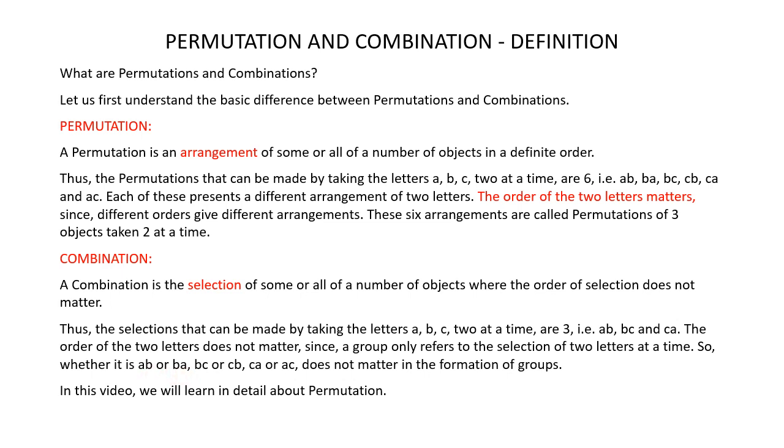Similarly, whether you select BC or CB, it is the same because you're selecting the same two letters B and C. Likewise, the arrangement CA and AC are the same because you are selecting the same two letters C and A. So in combination, the order of the letters does not matter. So combination means selection, and the order of the selection does not matter.